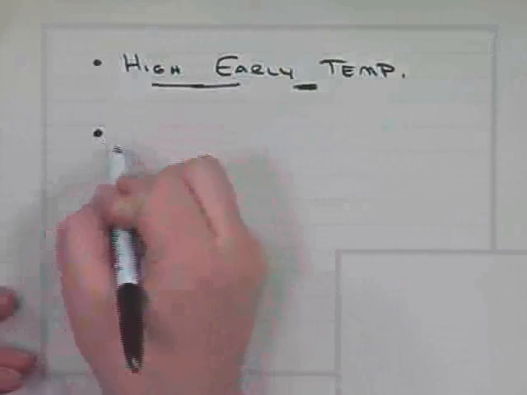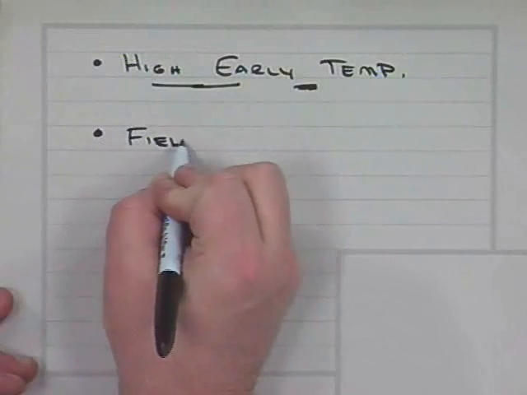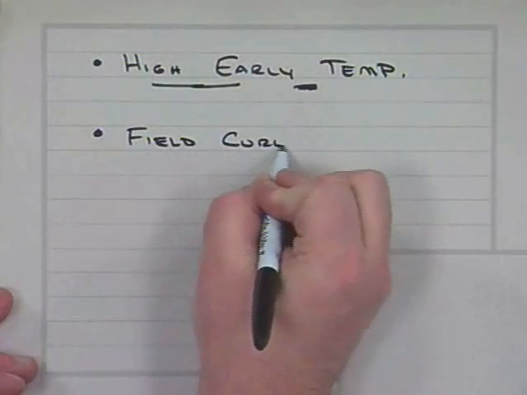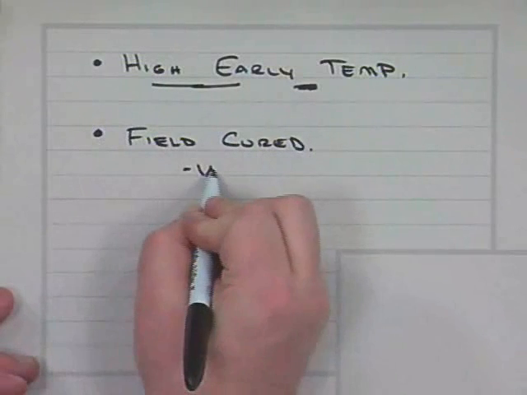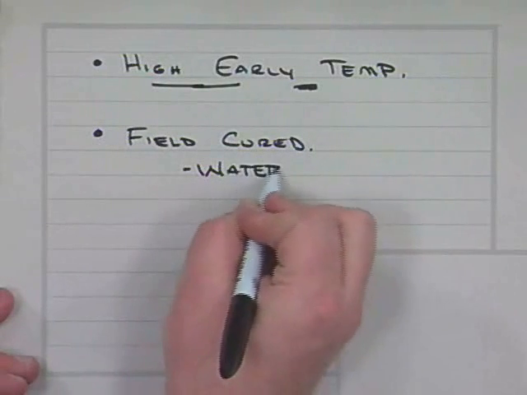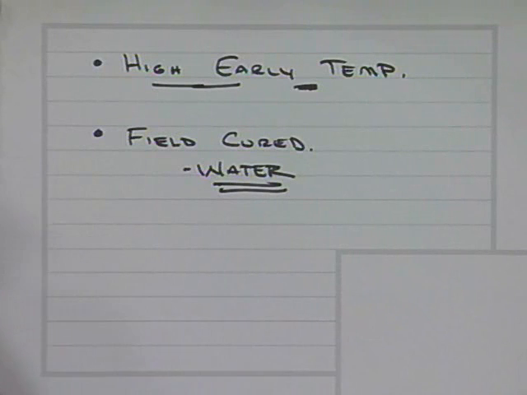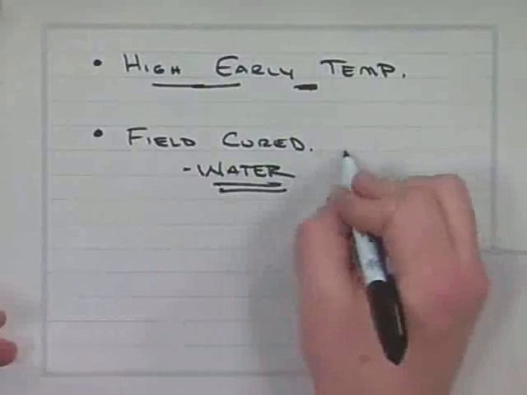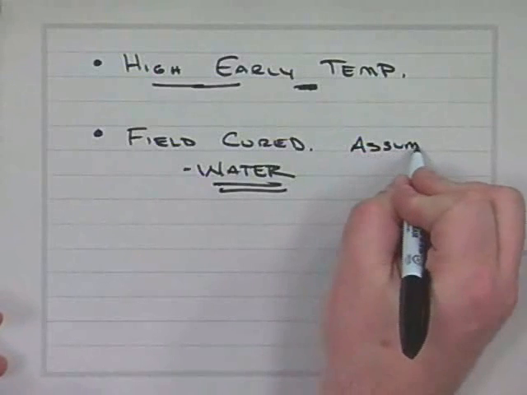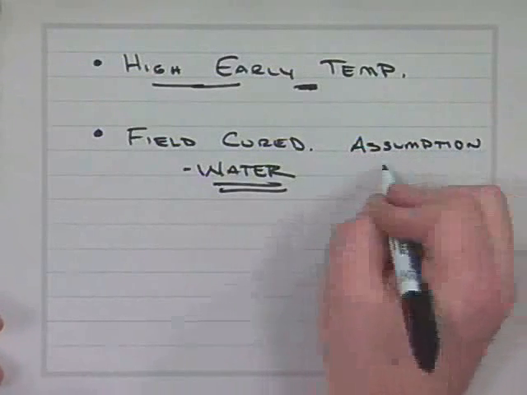The other effect that we typically get into that I think is a little bit more significant in field-cured concrete is the idea of water. Now, one of the things, and I haven't said it yet, but I'm building up to it, so I'm going to sort of blow the punchline of the lecture here, but the whole idea is we are making the assumption that there is enough water.